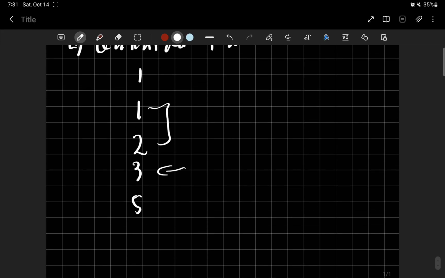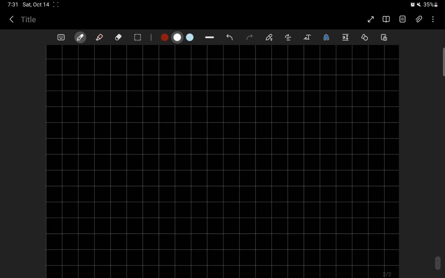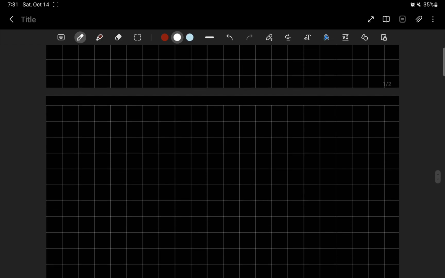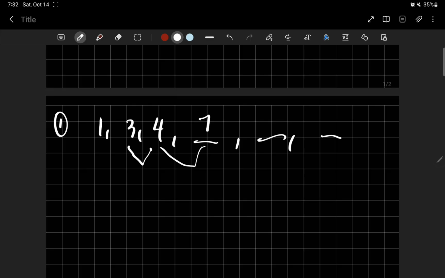So let's have an example of determining the next terms of a Fibonacci sequence. Okay, let's say we have here 1, 3, 4. So to get the next terms, after 4, we have 4 plus 3, that is 7. 7 plus 4, that is 11. 7 plus 11, that is 18.